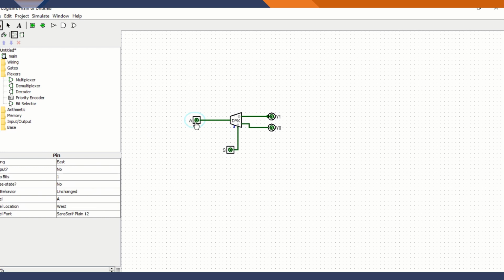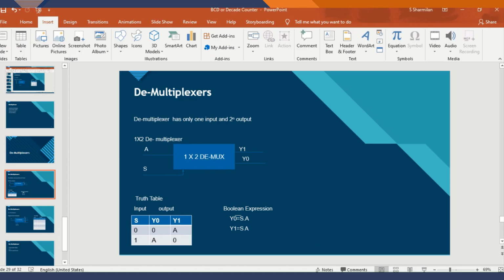Now I am going to change A equal 1. See my output Y1 equal 1, Y0 equal 0. So when we put S equal 0, we get output Y1 equal A, Y0 equal 0. Next condition, S equal 1.